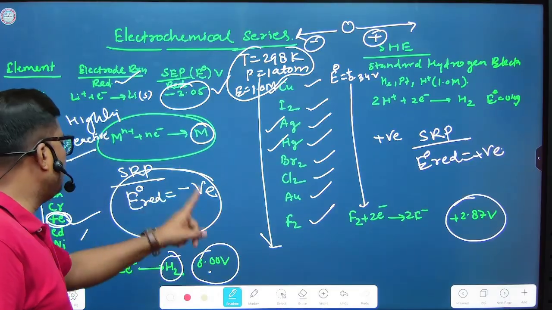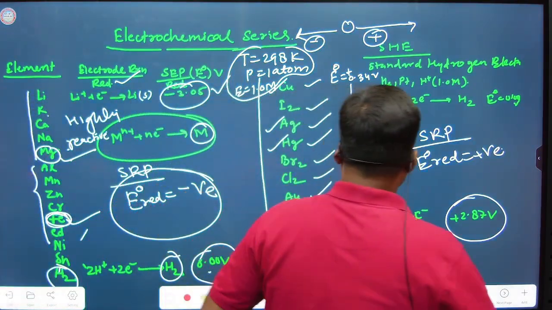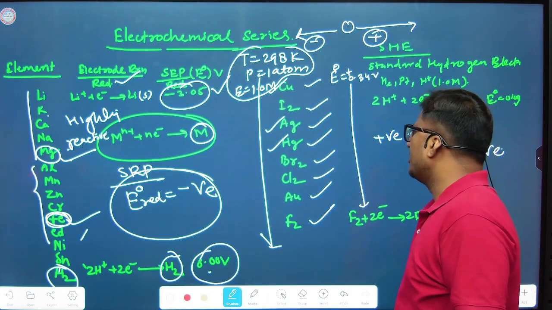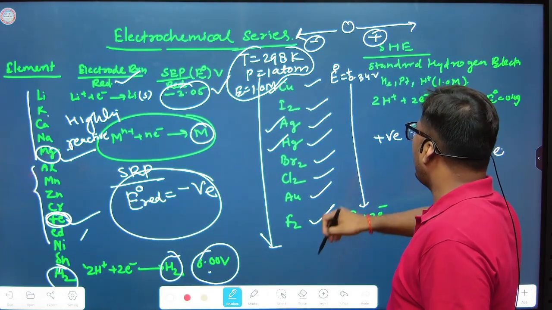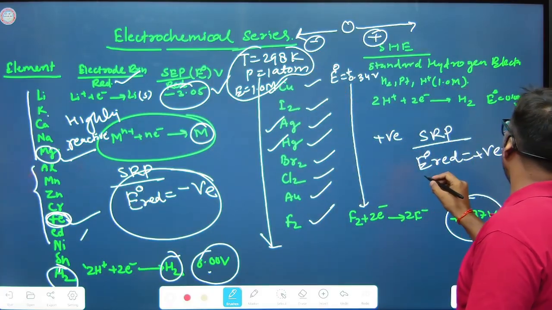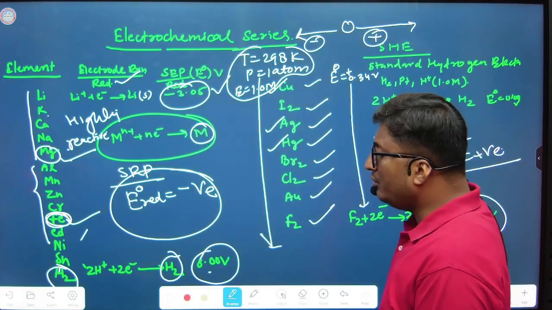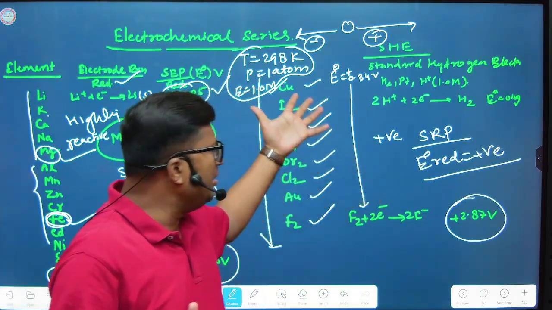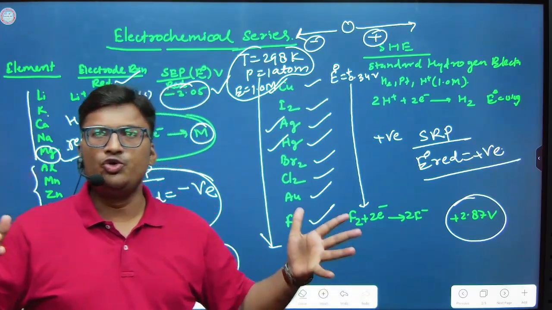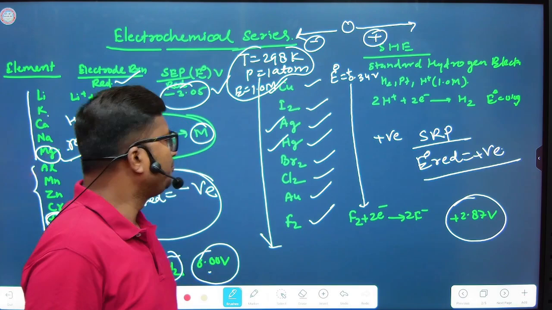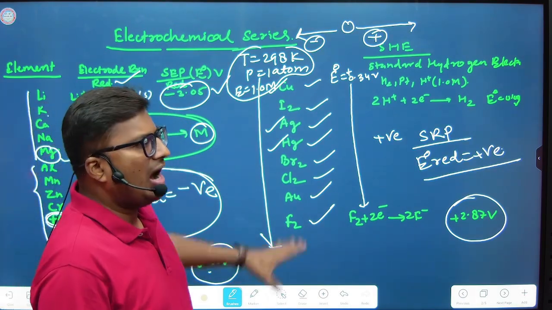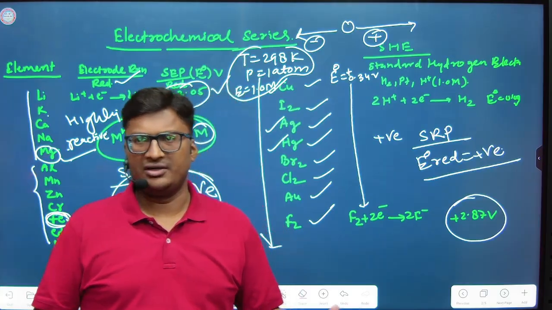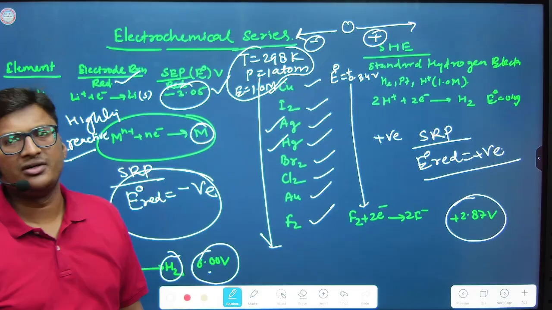But the rest of the elements, metals or non-metals, are below hydrogen. They all have positive standard reduction potential, right? So positive standard reduction potential means these elements are not very reactive, right? They do not easily undergo oxidation, so they are not easily oxidized, right?